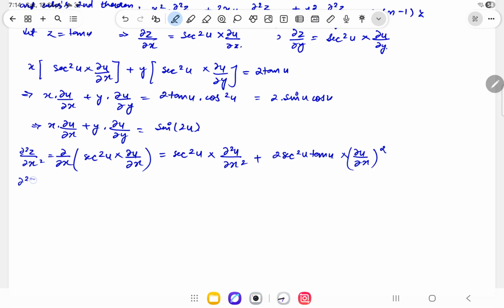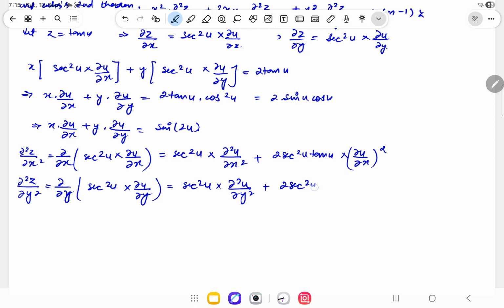Likewise, del square z by del y square will be equal to del by del y of sec square u into del u by del y. If I calculate it, I will get sec square u into del square u by del y square plus 2 sec square u tan u into del u by del y whole square.